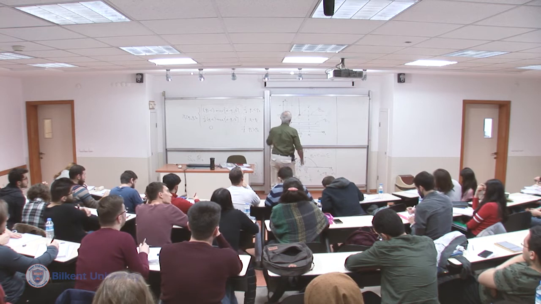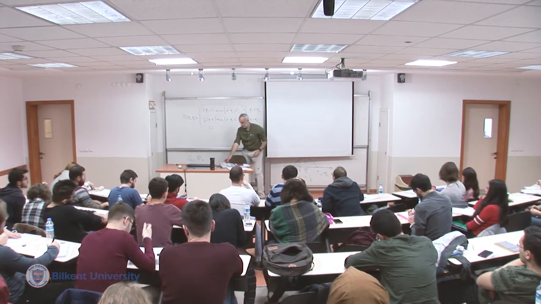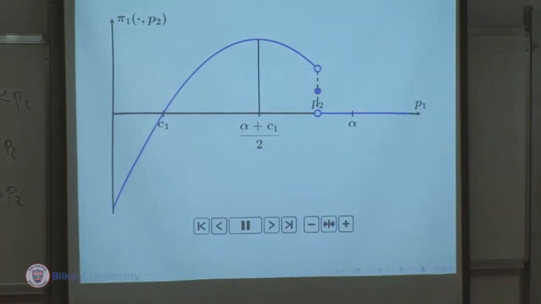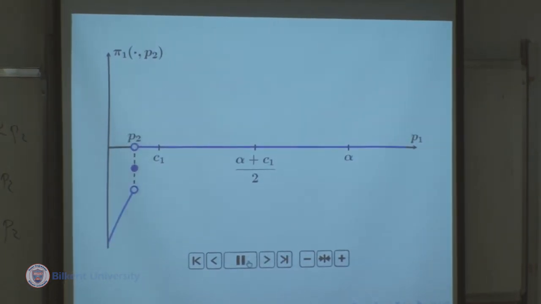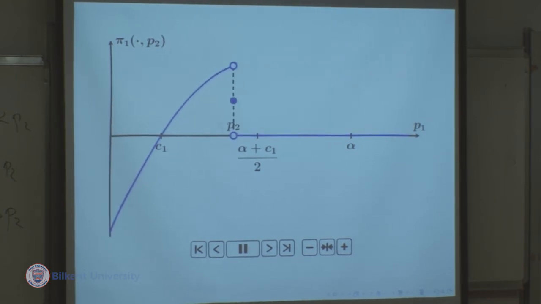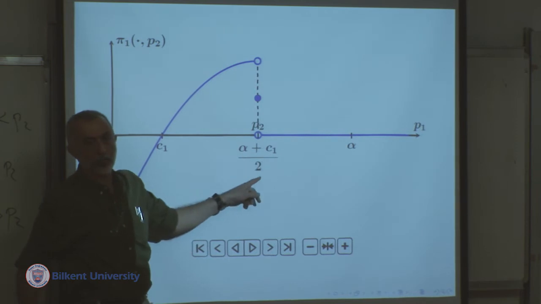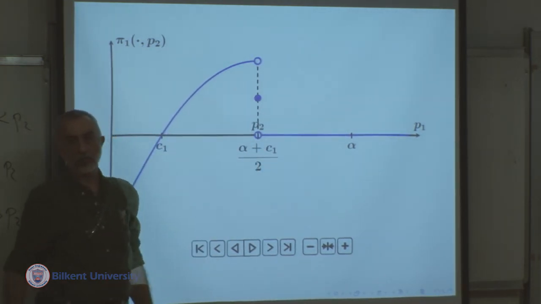Why don't we have a dot here? Well, let's look at the picture. Okay, just give me a minute. So I'll take the frame just at that point. So when P2 is equal to alpha plus C over 2, that was the question, right? What is the maximizer of this function?